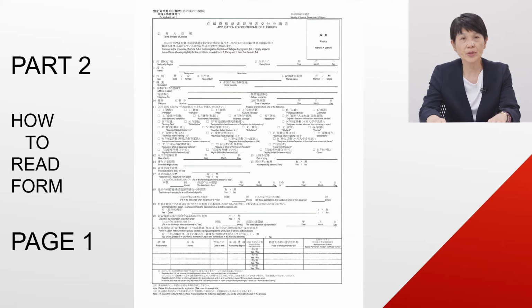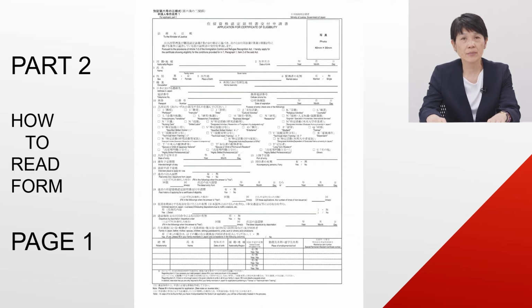Because the Immigration Bureau has your own data, what you fill out here must match what the Immigration Bureau has. Number 18 is also the same thing. It is about your applications in the past. The Immigration Bureau has your record, so what you fill out must match it.